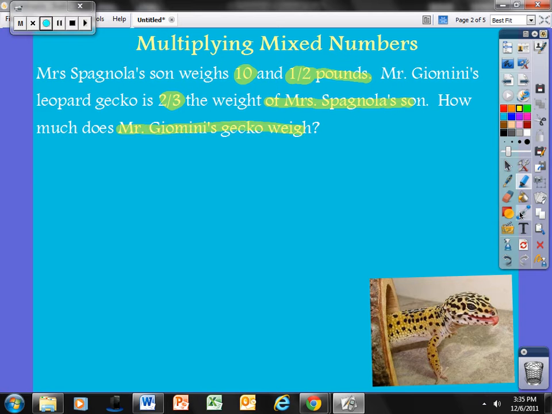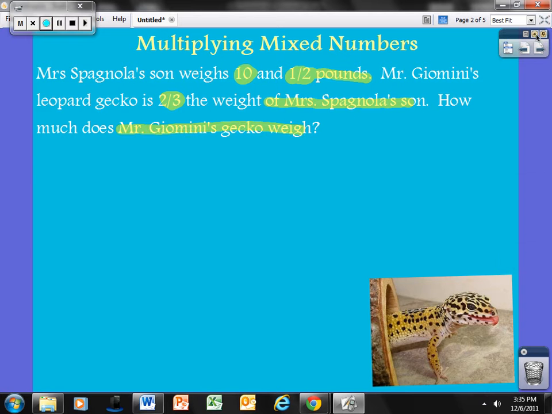Okay, so if I do a little algebra here, I know that I'll put S for Spagnola. I know her son is 10.5 pounds. I know that the gecko is 2/3 of the son. So the of again means to multiply.